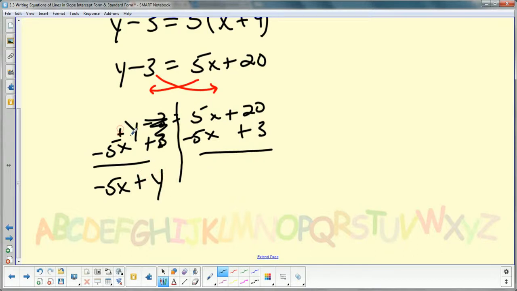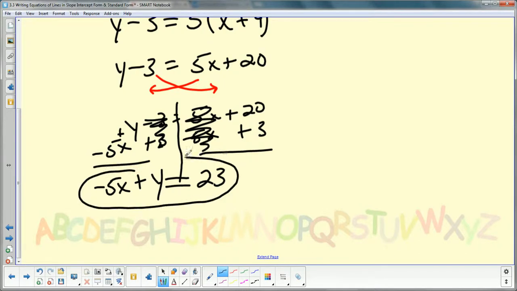There's essentially a plus right here. Bring down your equals. Again, 5x minus 5x cancel out. 20 plus 3 is going to give us 23. So this would be the solution to our equation. Negative 5x plus y equals 23. And that would be in standard form because our x's and y's are on one side and our constant, or just our number, is on the other side.